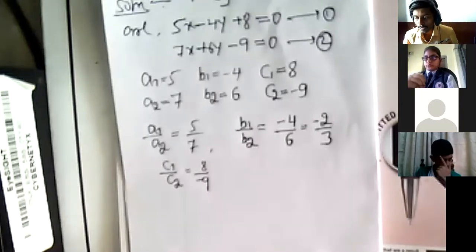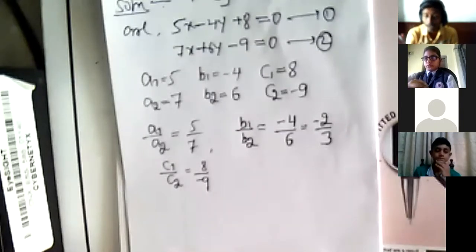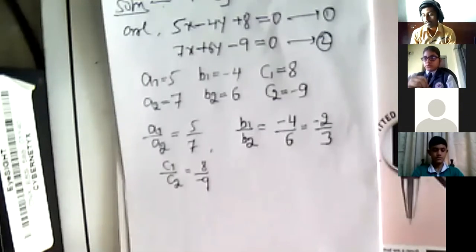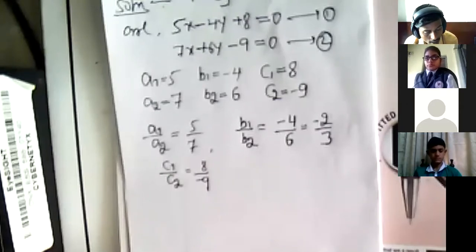Now you can observe the three conditions. What is the property of these equations? These equations are intersecting at a point, or may be parallel, or may be coincident.